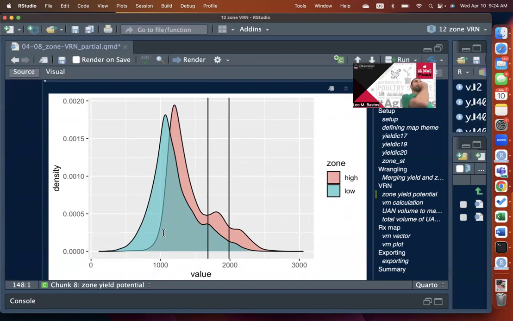Yes. So I'm going to do my high yield potential, 1,892, and low was 1,892. Okay, so they're really close. Is that what you're saying? Interesting. Did I mess up, and I have my high wrong?